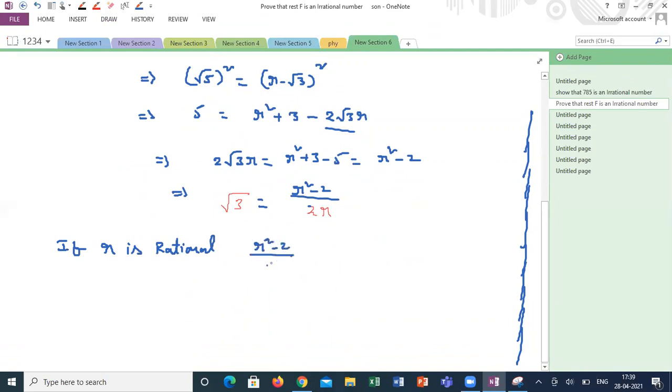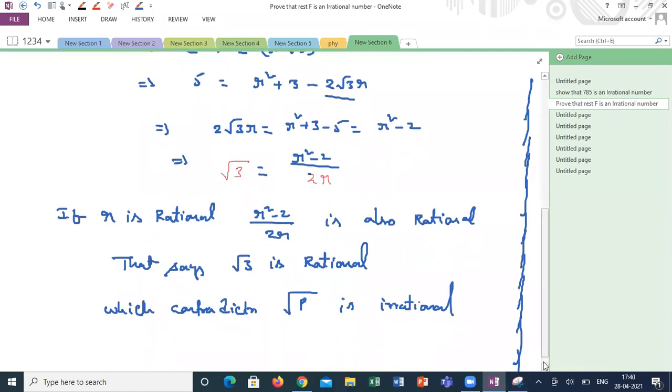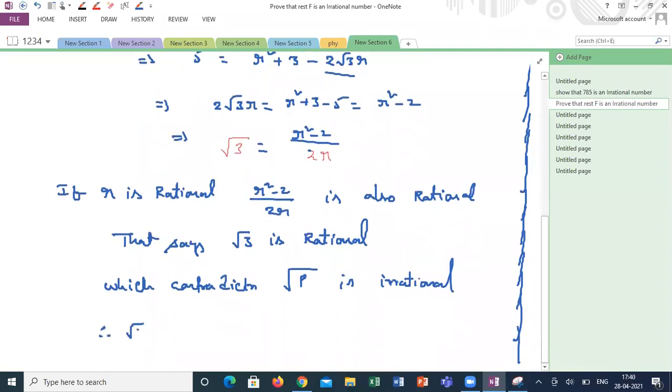R square minus 2 by 2R is also rational. That says root 3 is rational, which contradicts that root of a prime is irrational. Therefore, our assumption is wrong.